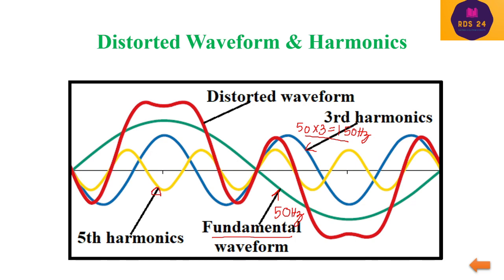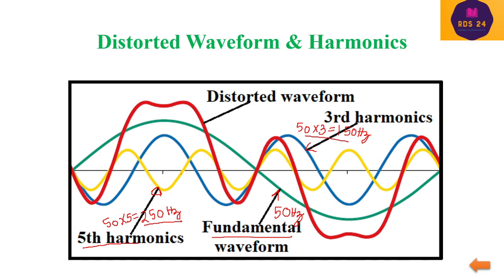This is our fifth harmonic, yellow, that means 50 into 5, equal to 250 Hertz. That means the frequency of this harmonic wave, as compared to the green fundamental wave, is 250.